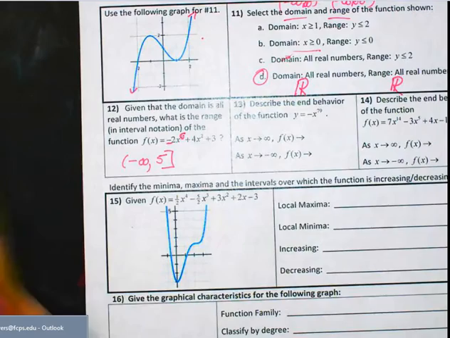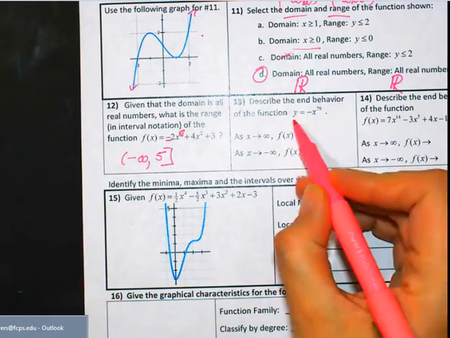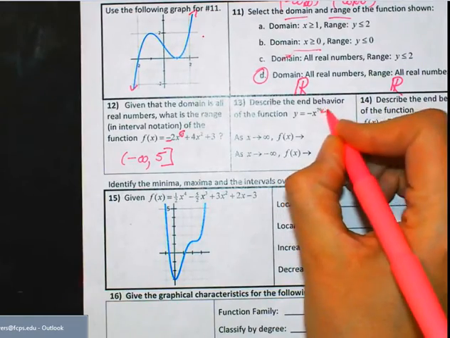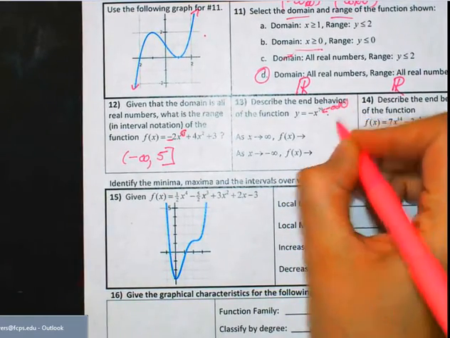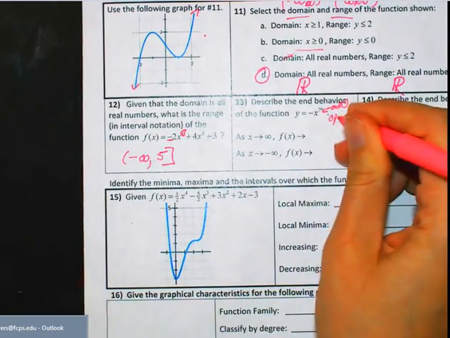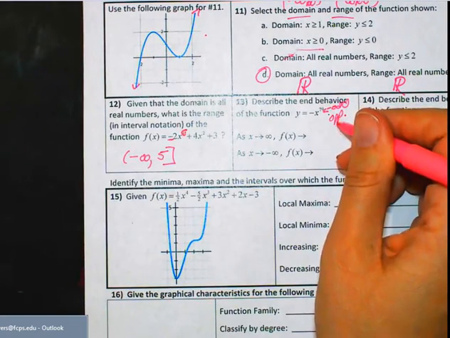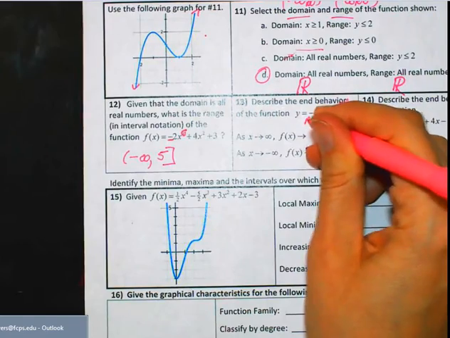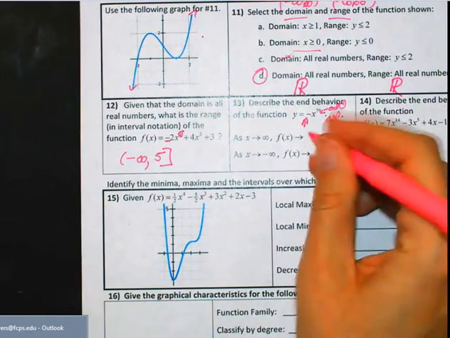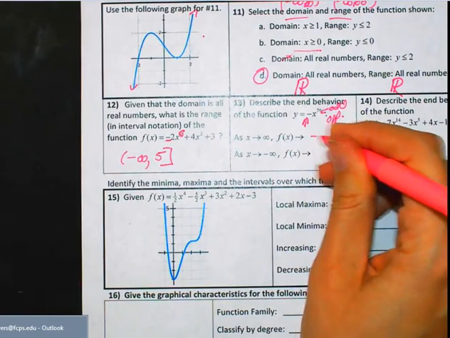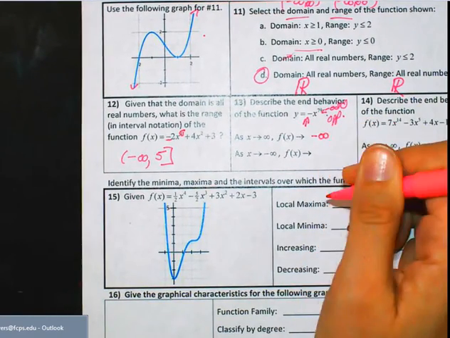All right, describe the end behavior of the function y equals negative x to the power of 79. Notice that this is an odd function, so I know that I have opposite end behavior. And then I see that this is negative, which means that on the right-hand side, it's going towards negative infinity.